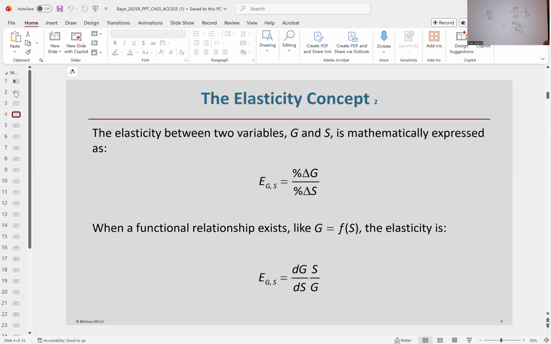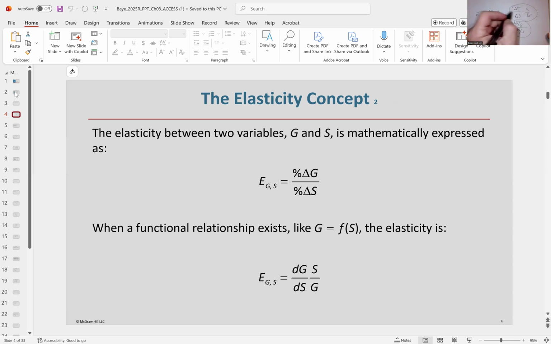Hopefully we understand that this is equal to this. I'm saying that this expression they give you here, in your book, on the very first page of this chapter, I guess that's page 76, is given as a formula for elasticity on the left. You can replace the D with delta. It's the same idea.